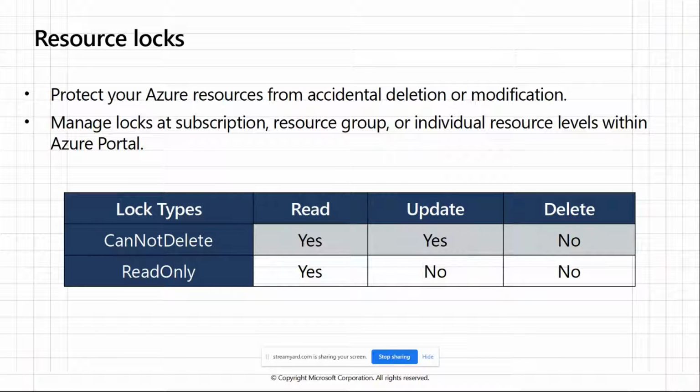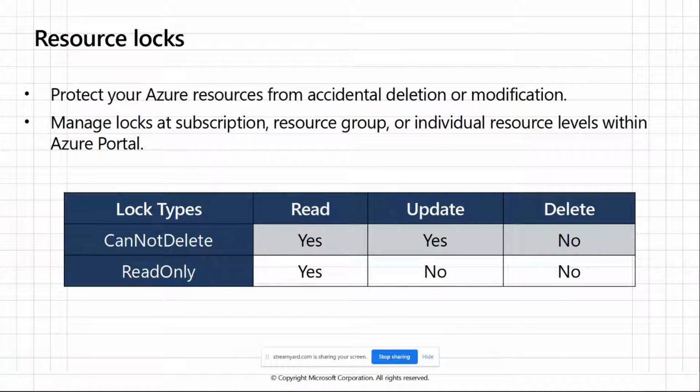So to avoid that kind of situation, what Azure has given as an option is resource lock. Inside which there are a few things like cannot delete. If it is set to cannot delete, you will be able to read it, and you will be able to update it as well, and you will not be able to delete it alone.